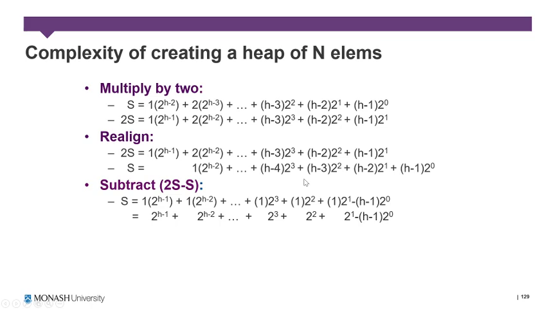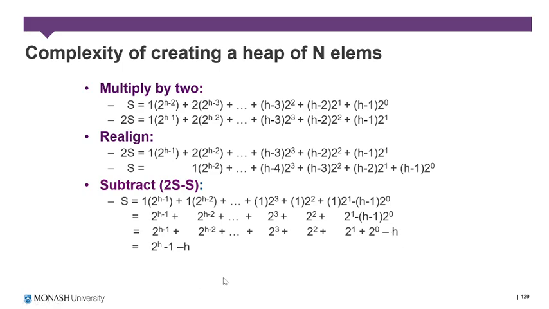Then if we expand the brackets, we should get something along these lines. Then all we need to do is expand these brackets as well, and that would give us this. And if we combine them all together, really the majority of this would just become 2 to the h minus 1 and then minus h.